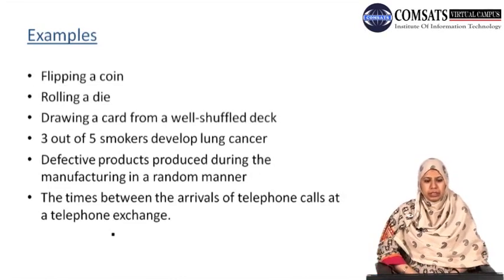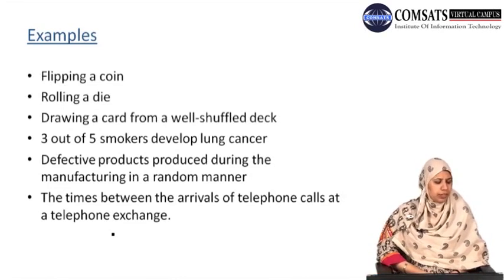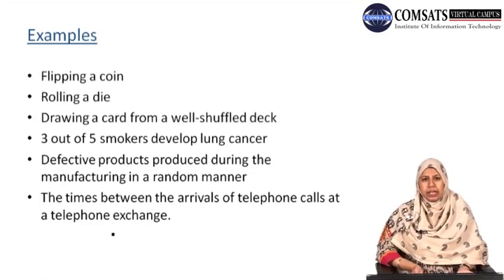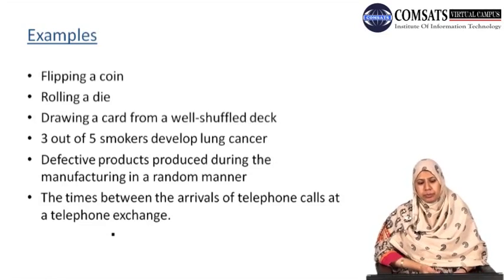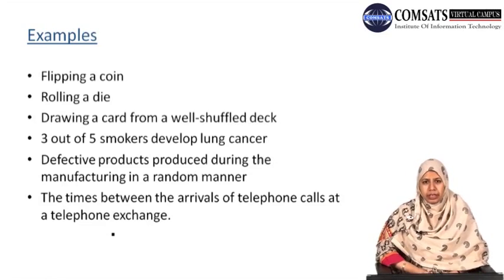For example, if we flip a coin and we consider that the coin does not lie on its edge, then we know the set of possible outcomes. That is, either by flipping a coin we will obtain a head or we will obtain a tail. But by flipping a coin we do not know which outcome will occur, that is, either the head will occur or the tail will occur.